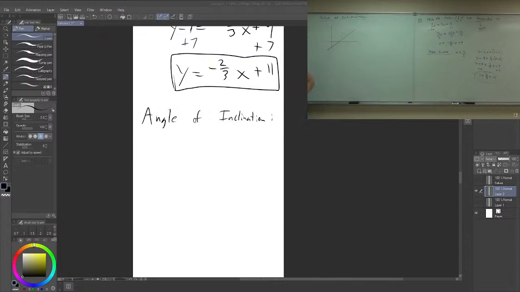When I talk about the angle of inclination, what we talk about is the angle that any line makes with the x-axis. These actually would be the same angle. If you take geometry, you know that those are the same. We're really just talking about this one now. We'll call it theta. We want to find some way to represent this line as having that angle.